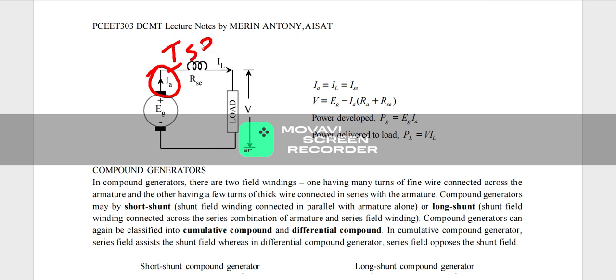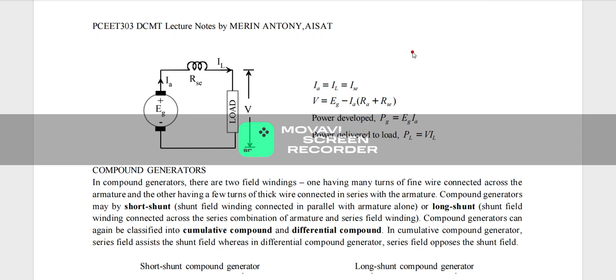Since both are connected in series, the series current and the armature current are the same. Similarly, the load is also connected in series, so the load current will also remain the same since all are in series connection. So we can write it as IA is equal to IL is equal to ISC. Hope it is clear. This is the current equation.